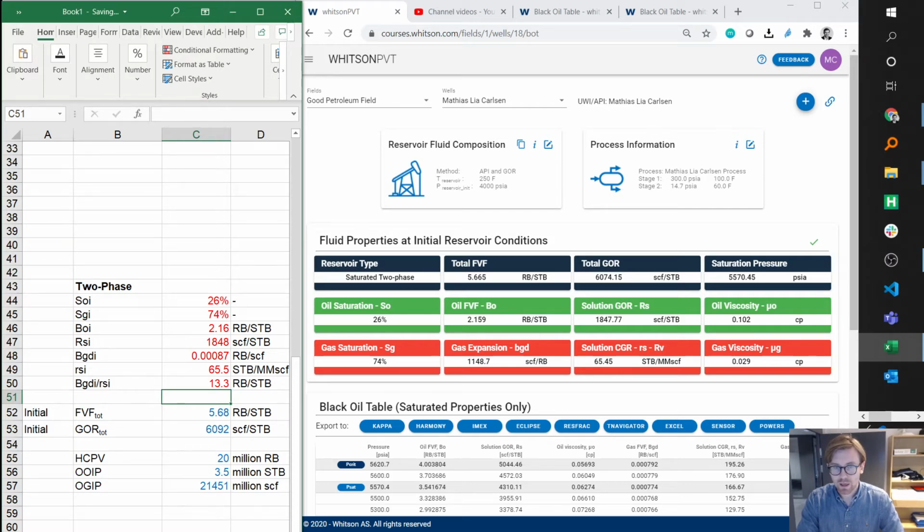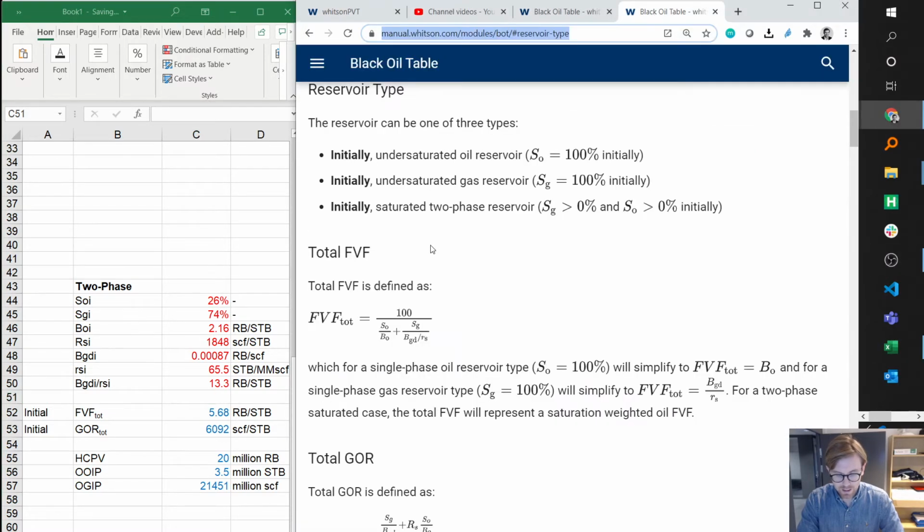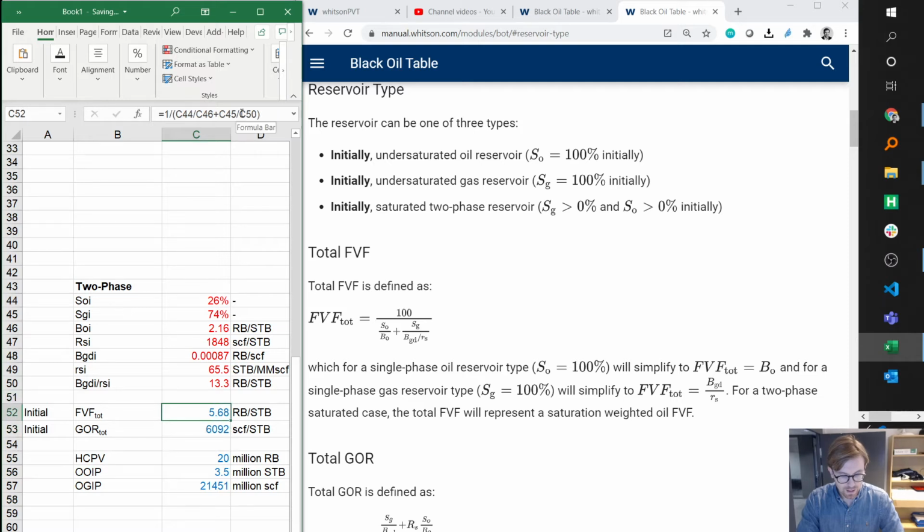The next thing is that we will use these formulas that were provided in the link that was sent. So for the total formation volume factor for oil, we will take that exact formula for these properties and calculate it. Okay, so the formula is just to do either 100 or 1, depending on if you're using fractions or percentage.